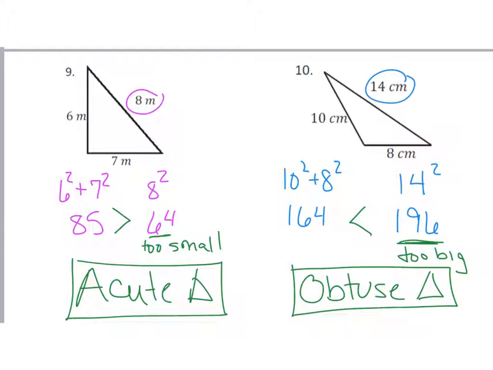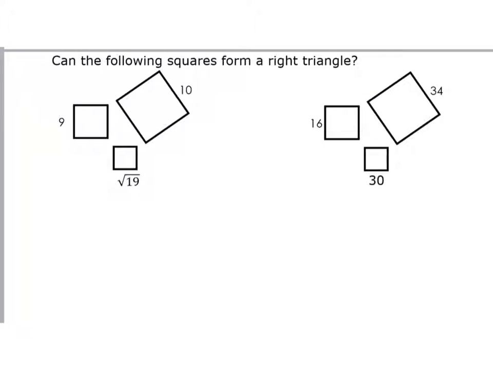Okay. All right, oftentimes problems that look like these next ones say, can the following squares form a right triangle? What that means is if I were to pull these squares together, so I've got this square that has side lengths of 9, and this square that has side lengths of 10, and this square that has side lengths of square root of 19, if I were to pull those together so that it made a triangle, if I tightened them up and dragged the corners together, would it make a right triangle?